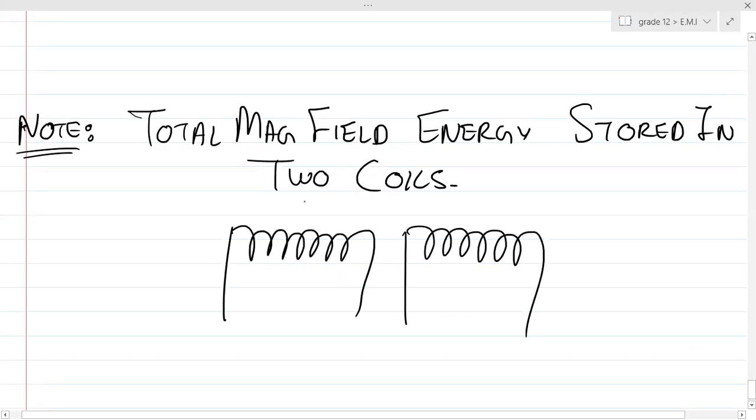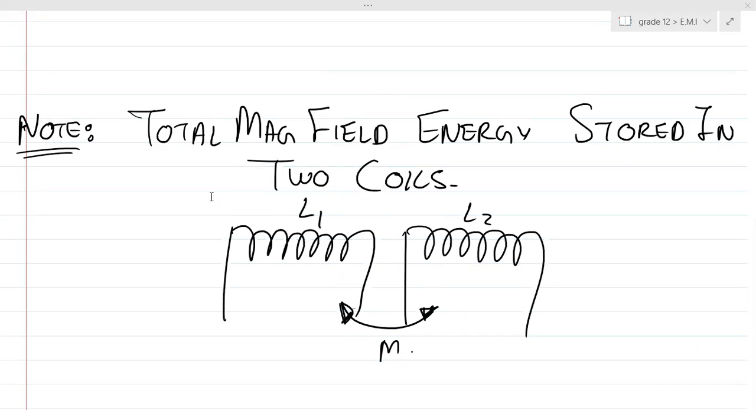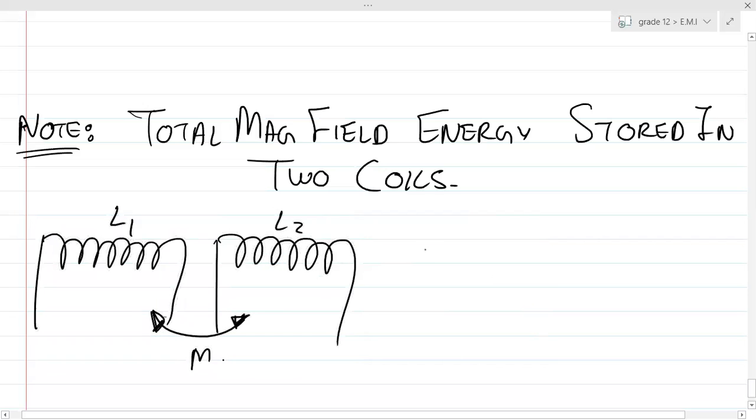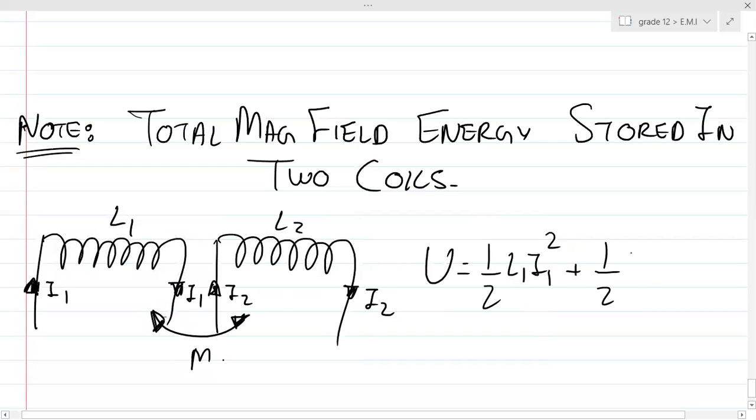Suppose there are these two coils, this is L1, this is L2, and the coefficient of mutual induction between them is M. The question is what is the total energy stored. If the current in the first one is I1, and the current in the second one is I2, then the energy is half L1 I1 square plus half L2 I2 square plus minus M into I1 and I2.